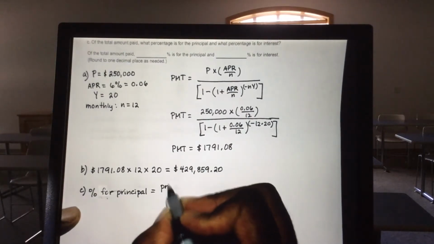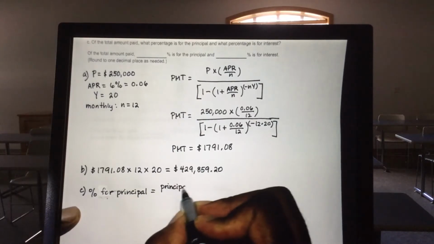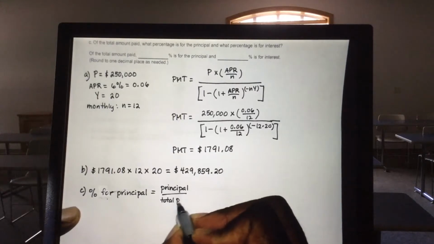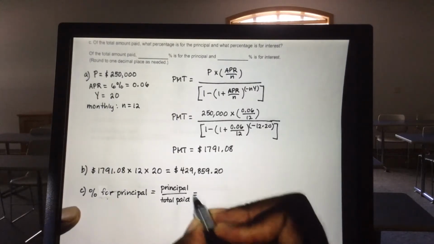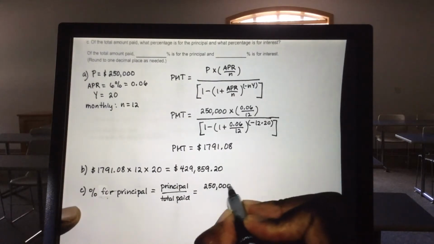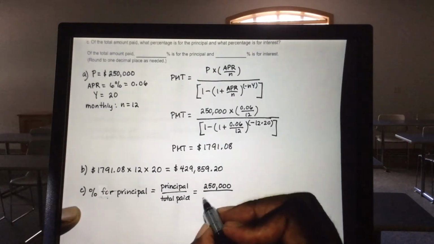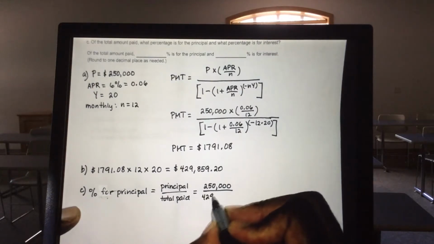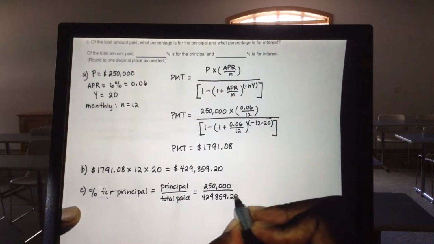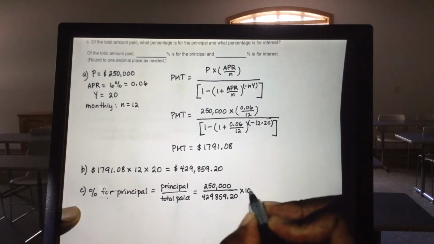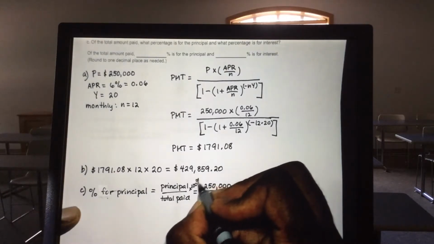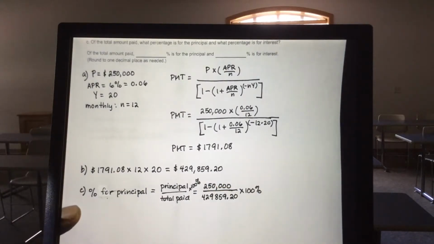That, of course, is the principal divided by the total payment, the total amount paid. That principal was that $250,000 mortgage. Divide that by the total amount that's paid, $429,859.20, times 100%. I forgot the times 100% here because we want to change that to a percent.